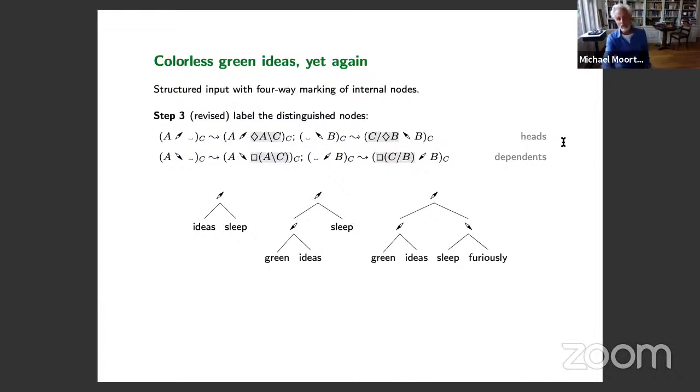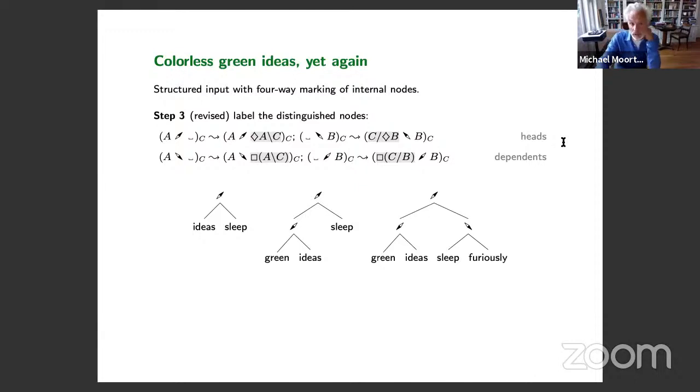And you see that the head functors have the diamond marking on the argument, on the complement which is selected, whereas the modifiers, the adjuncts, have as a primary operator the box operator, which has to be unlocked before the implication in these types can be used.